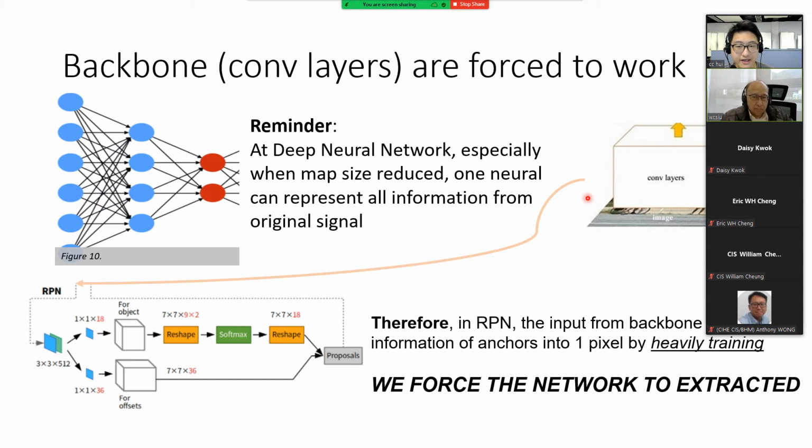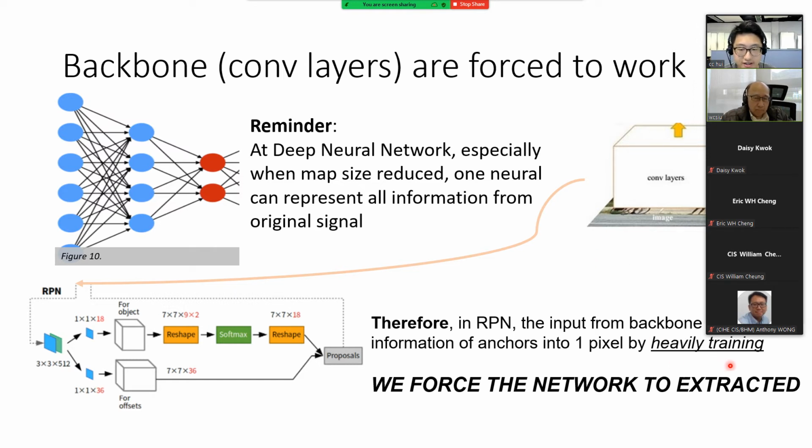So if we look back at the Faster R-CNN model, after the convolution layers, the size is downsized. The convolution layers have compressed the features into the region proposal network. Therefore, I would say that the convolution layers are already extracting or condensing the features in the area of the anchors. By what? By heavy training.